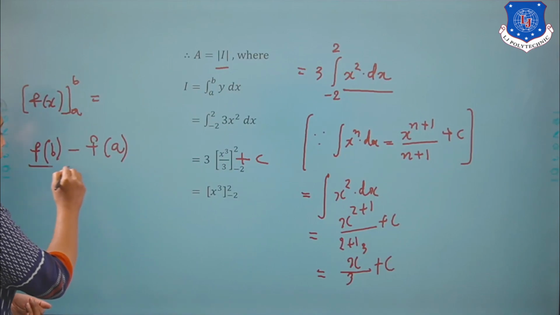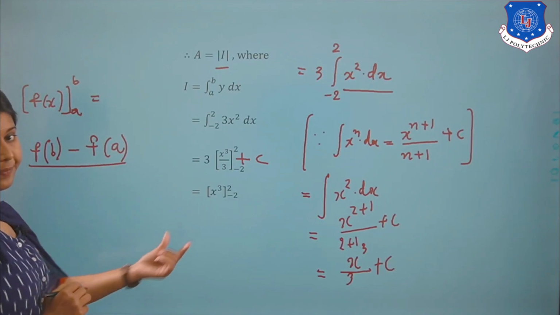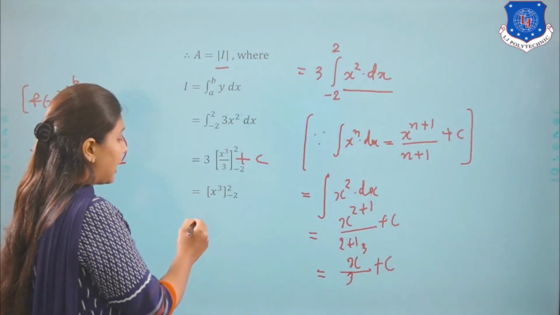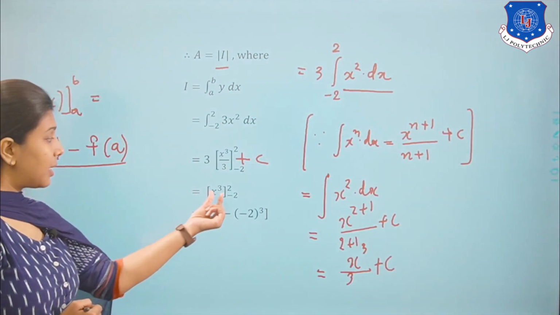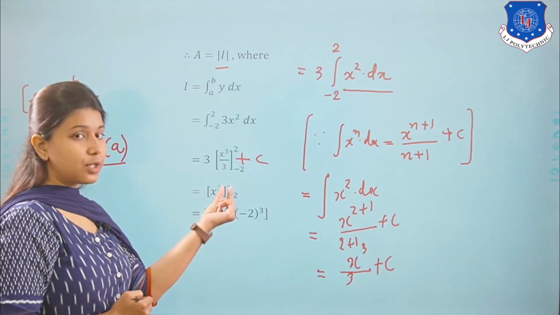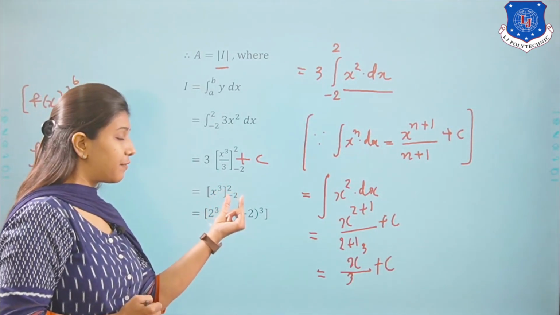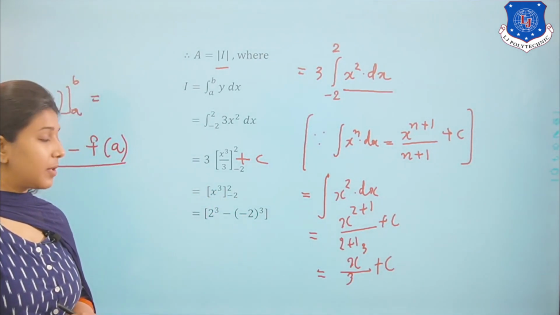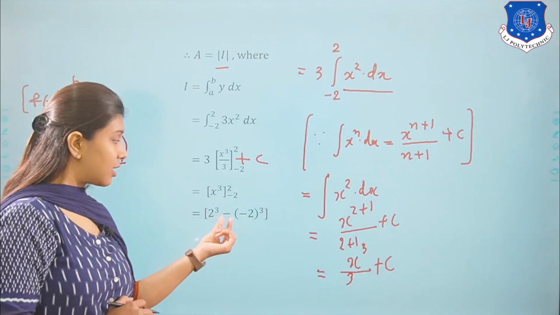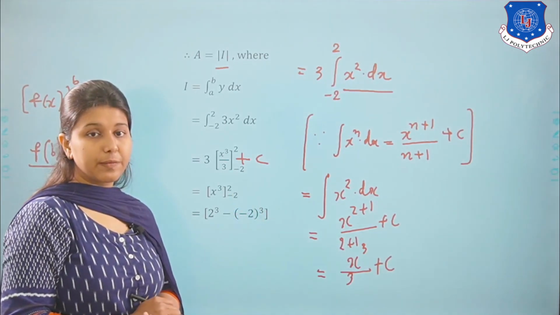So you can use this formula here. That means the upper limit of your function is 2 and the lower limit of your function is minus 2. Putting both the terms, we have 2 cube minus of minus 2 cube.